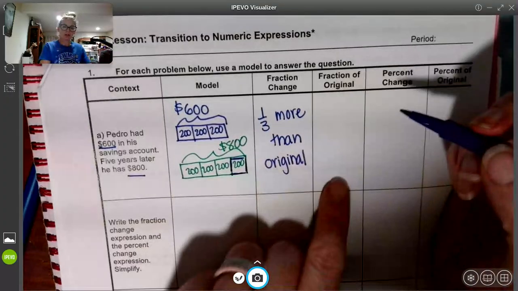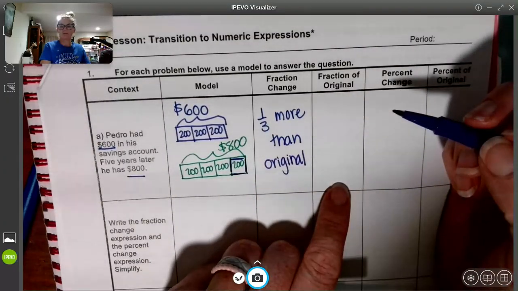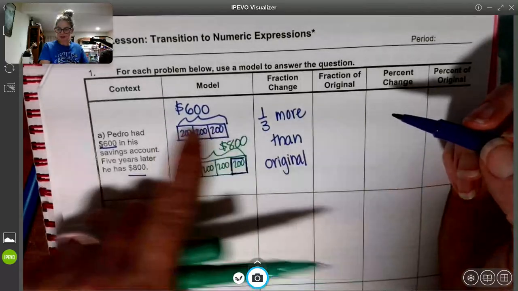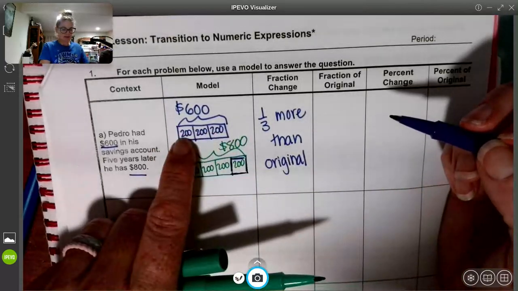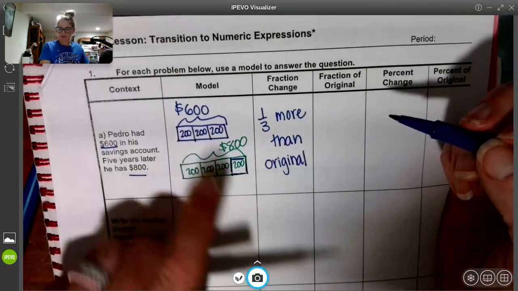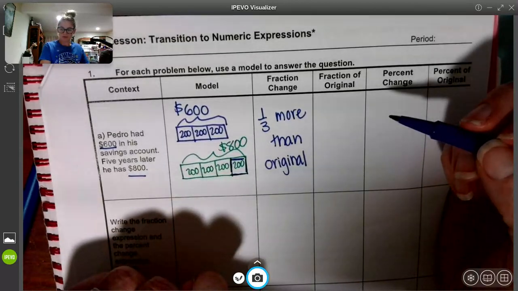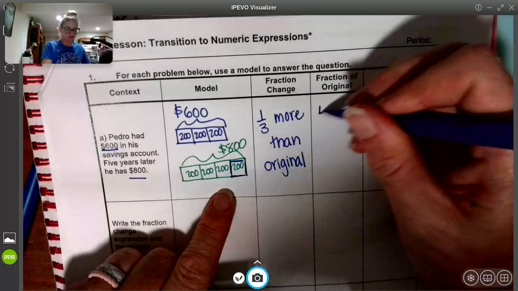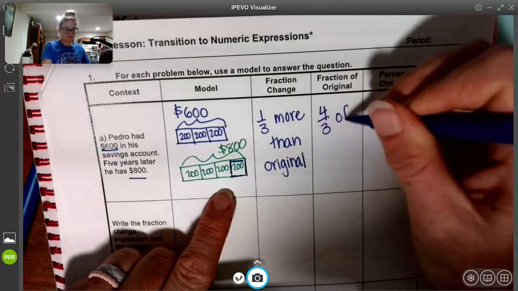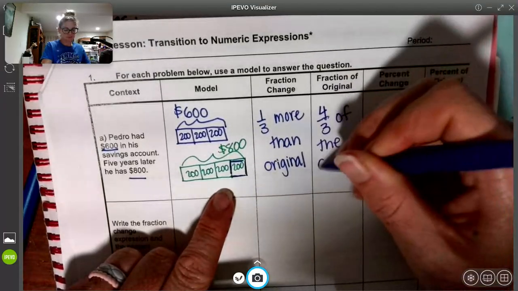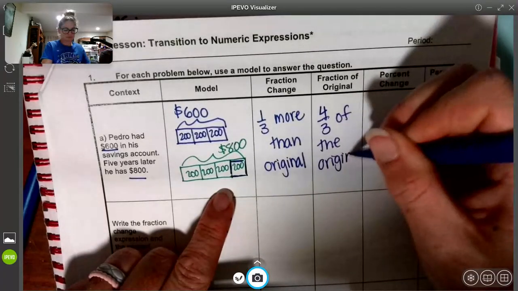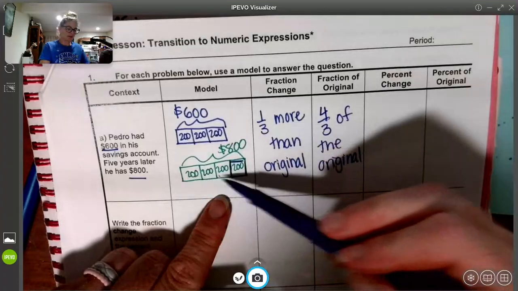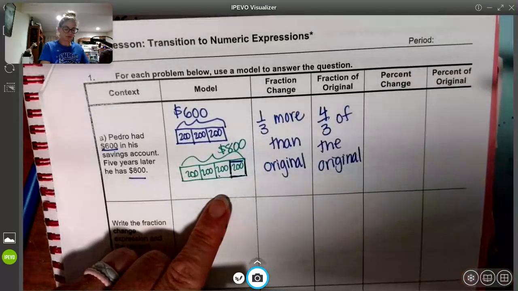If I wanted to look at the fraction of the original, so if I look at 600... sorry, 800 is 4/3 of the original. If we look at 600 as 3/3, then this is 4/3 of the original.